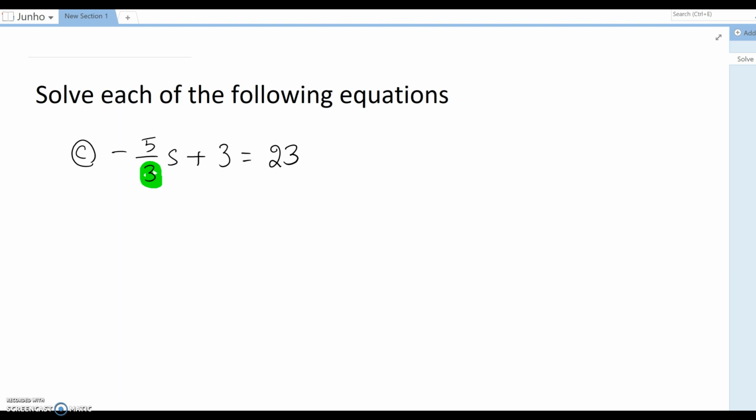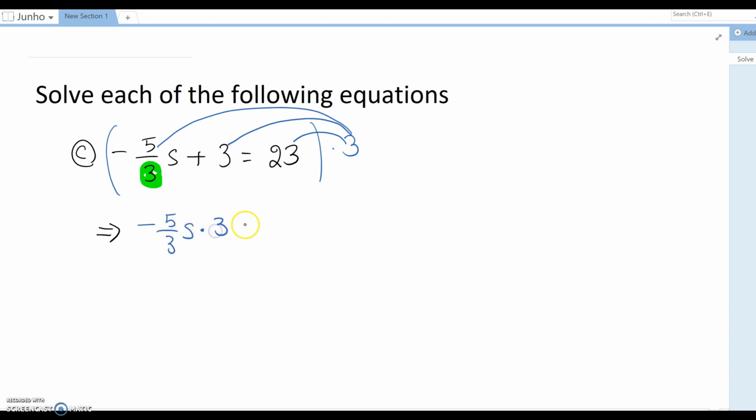So what I'm doing now is multiplying everything by 3, which means you are distributing and multiplying 3 to every term. Then this becomes negative 5 over 3s times 3 plus 3 times 3 equals 23 times 3.